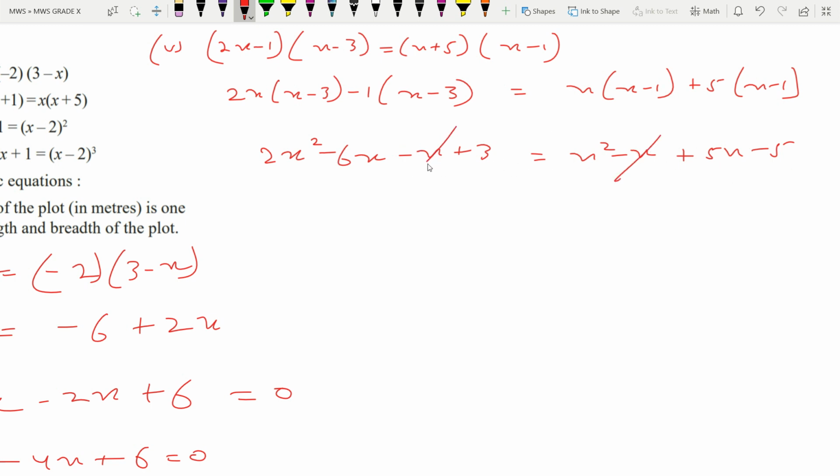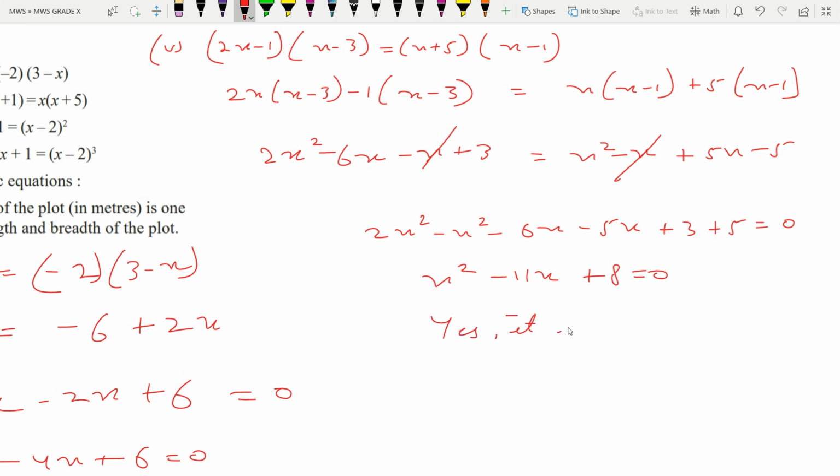Yes, minus x is the same on both sides. We can cut this. The rest we can write 2x square, and this x square bring this side, minus x square minus 6x. This plus 5x bring this side, minus 5x plus 3. This minus 5 bring this side, plus 5 equals 0. We get x square minus 11x plus 8 equals 0. So again, yes, it is a quadratic equation.